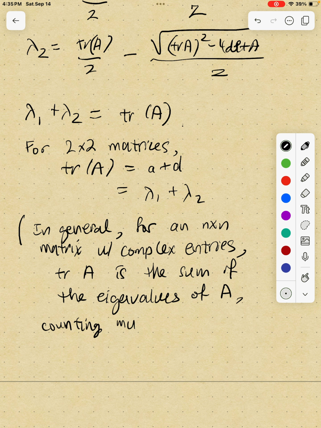Whenever we're talking about sums of eigenvalues or products of eigenvalues, it's counting multiplicity.